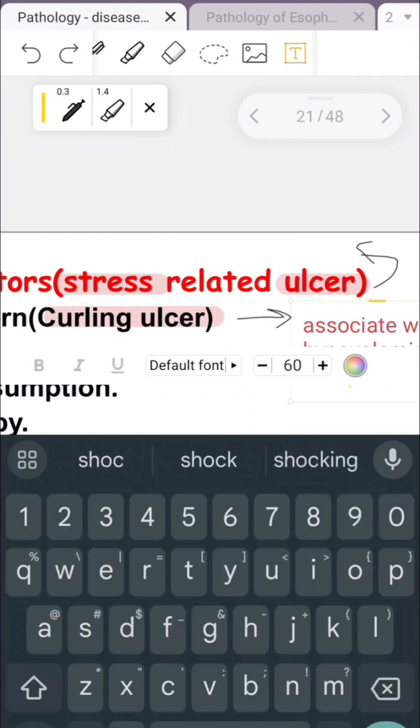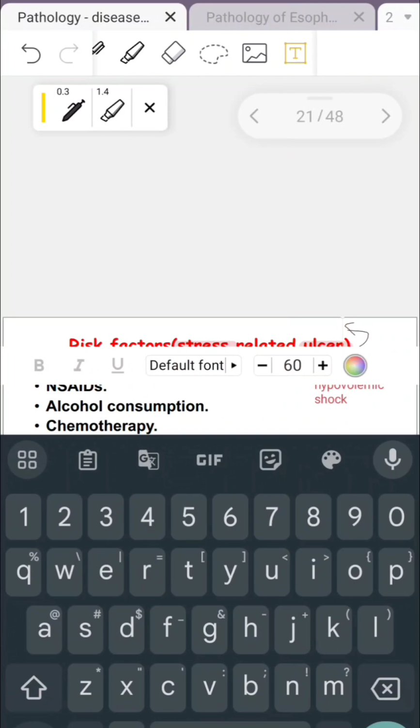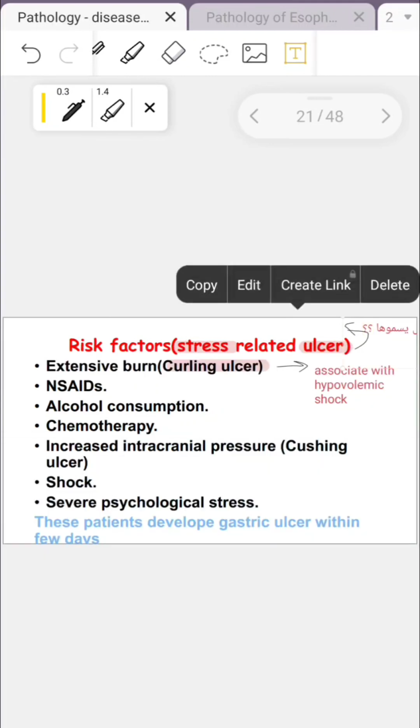Non-steroidal anti-inflammatory drugs will interfere with cyclooxygenase-induced prostaglandin synthesis.